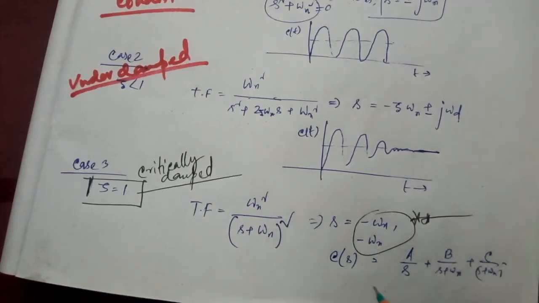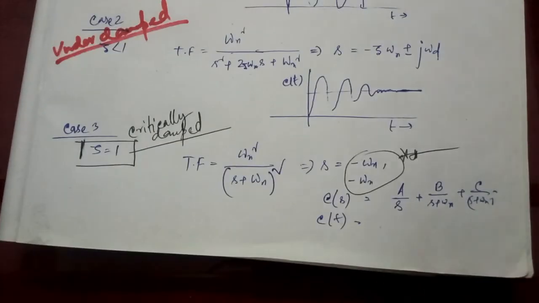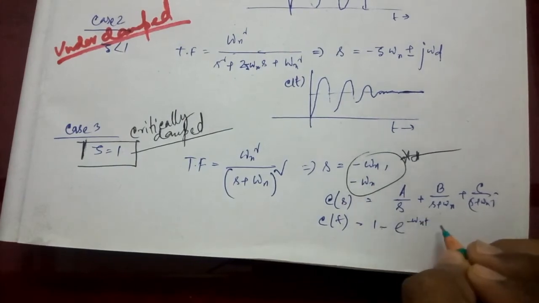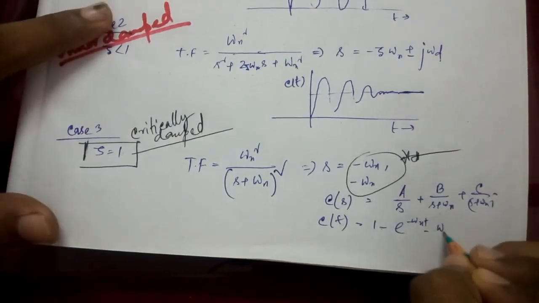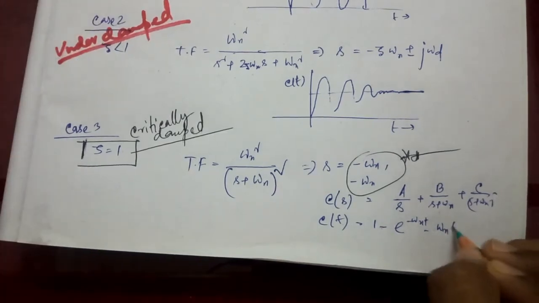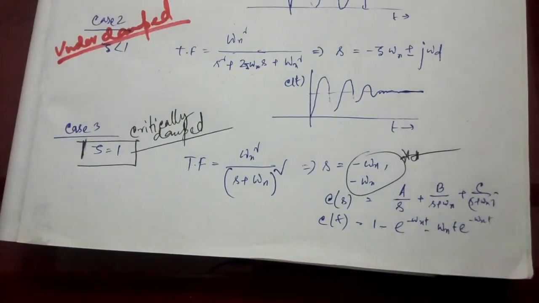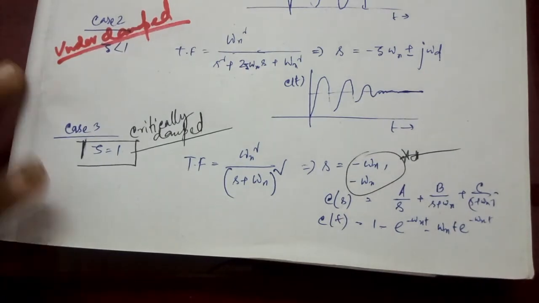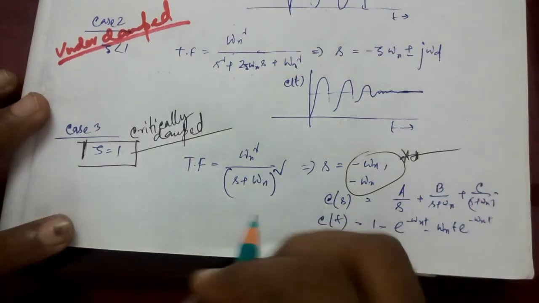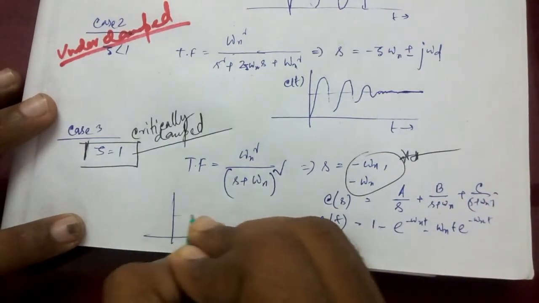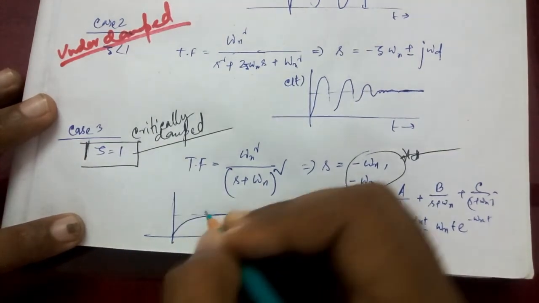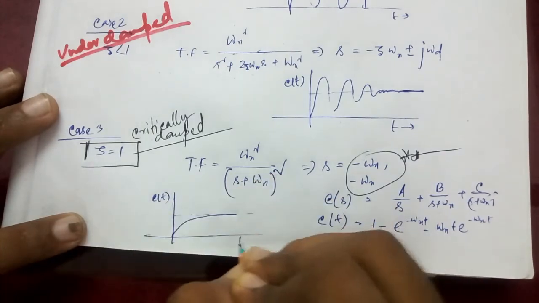If I substitute and find the response values, it will directly come as 1 minus e to the power minus omega n t minus omega n t e to the power minus omega n t. The derivation part is not that important. Just understand what is happening with the pole values, and the response, if I plot it, will come like this.